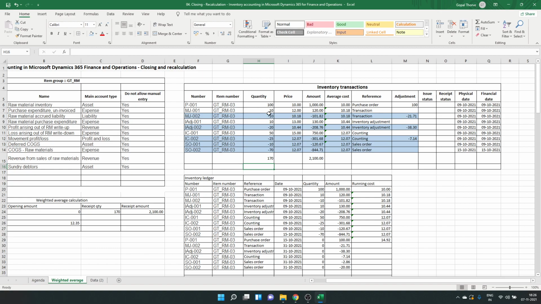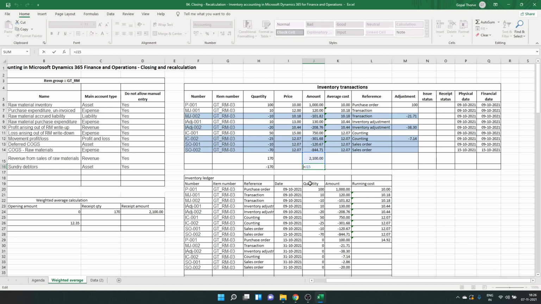It is created with the quantity which is settled against this particular one, so it creates like 170, and the amount will be only this much, but that is minus.